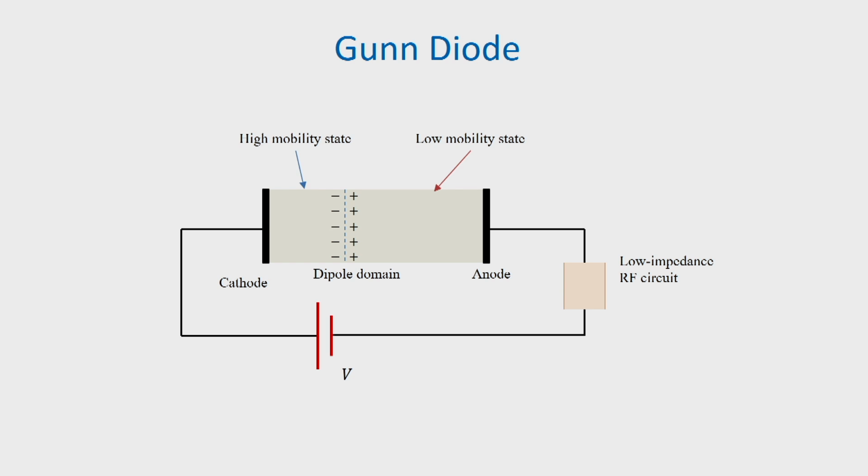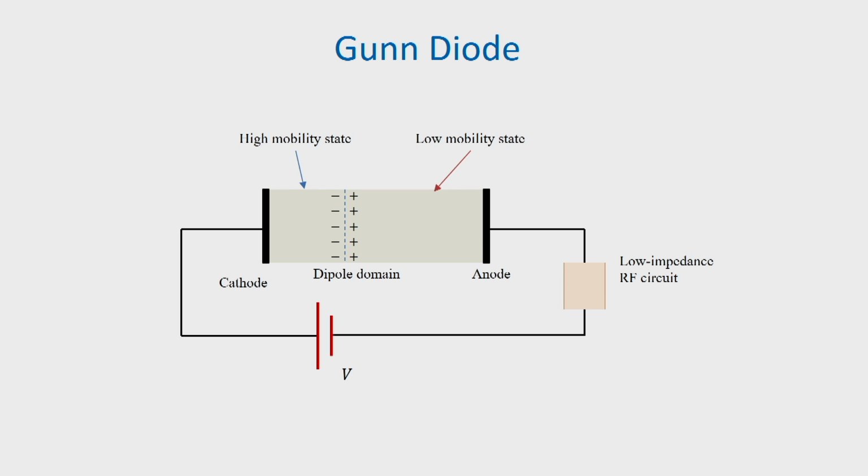Now, as the accumulation of charges takes place, it also causes a localized enhancement of the electric field. Now, around this dipole domain, a high field domain is formed, and that happens with the reduction of field in the remaining part of the sample.